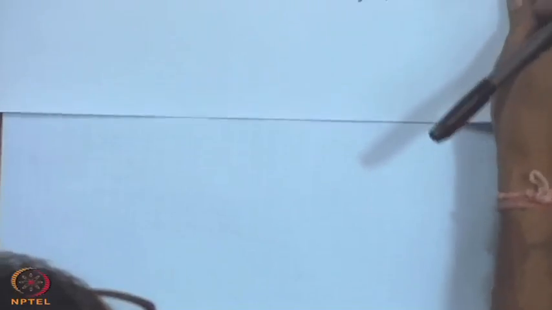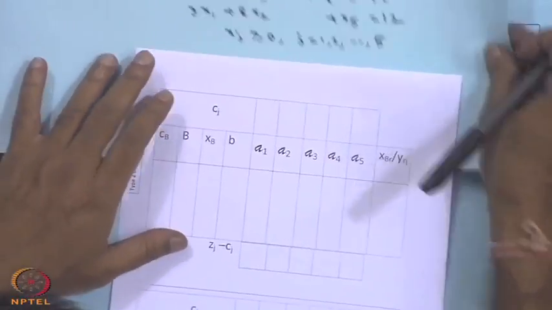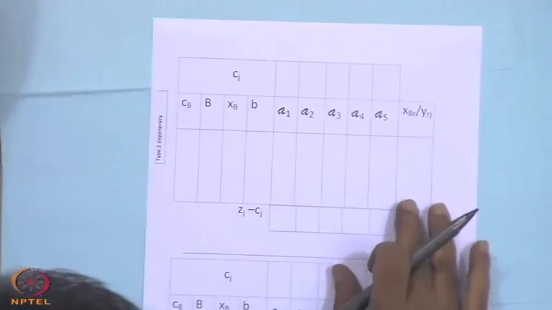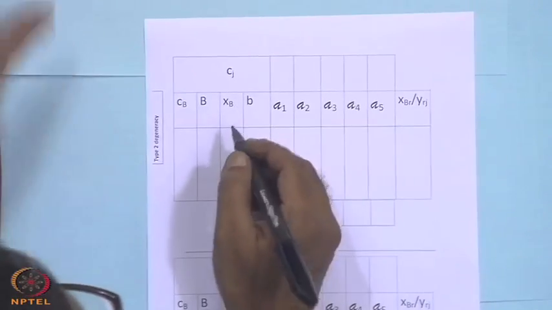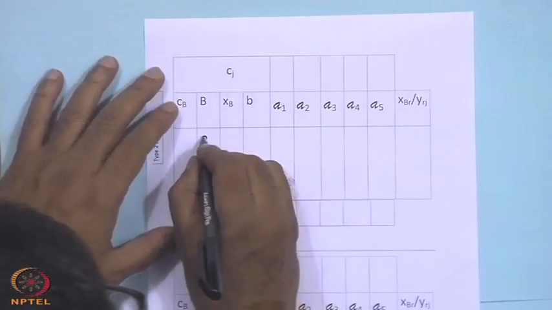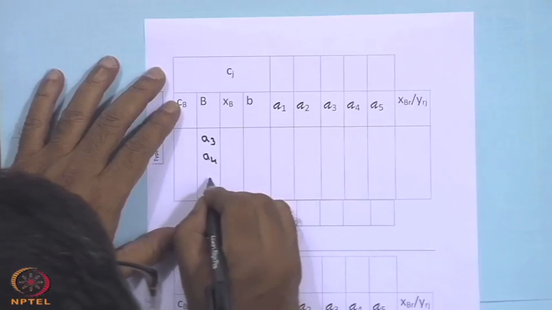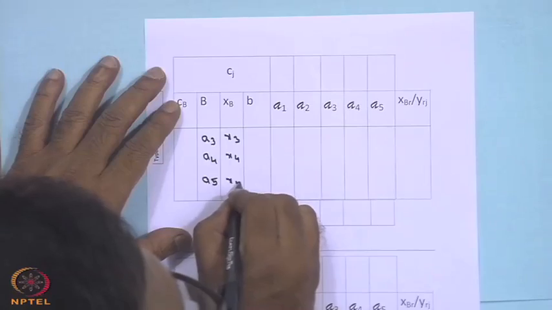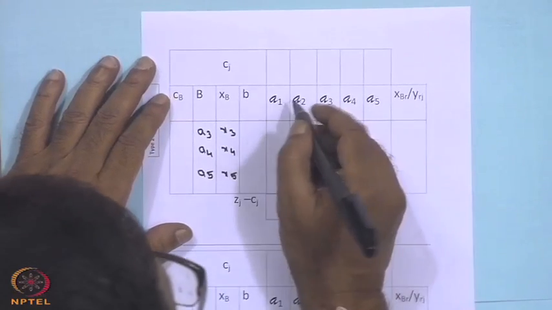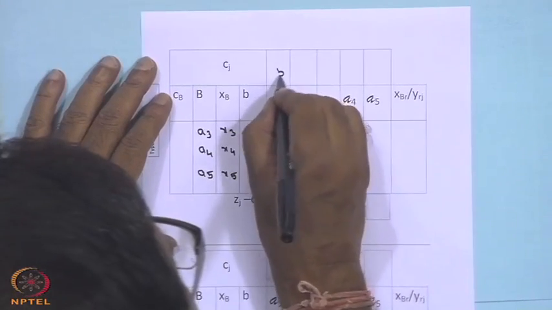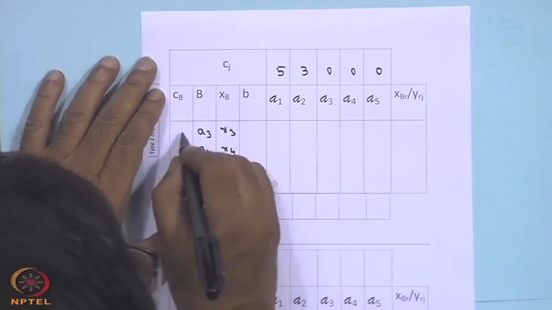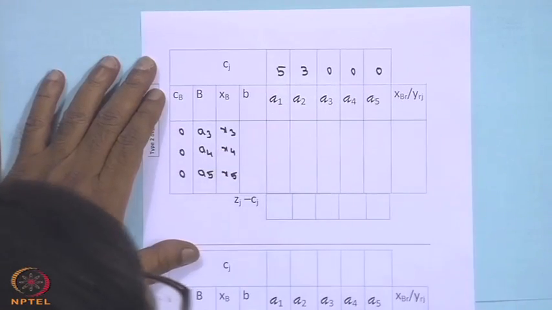From there we can form the initial table. Now, the initial table is very clear. Here x3, x4 and x5 will be in the basis, so it will be a3, a4 and a5. So, this is x3, x4 and x5. Your Cj values are 5, 3 in the coefficients, so it is 0, 0, 0. The Cb values corresponding to this are 0.